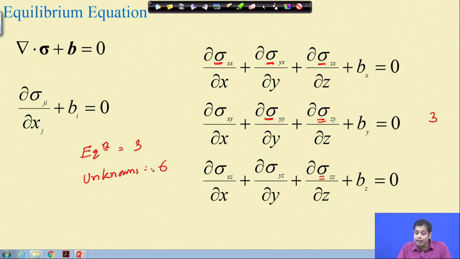If we consider 2 dimensions, then we have 2 equations, and the number of unknowns will be 3: sigma xx, sigma yy, and sigma xy. So, we have fewer equations than unknowns.